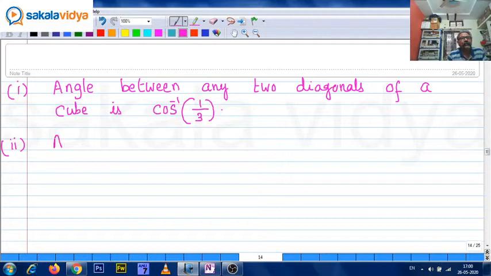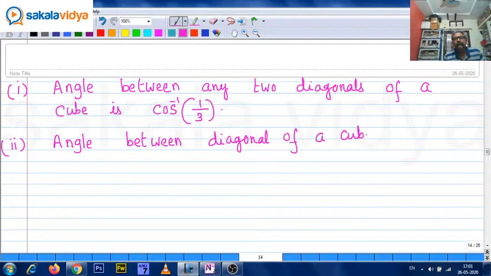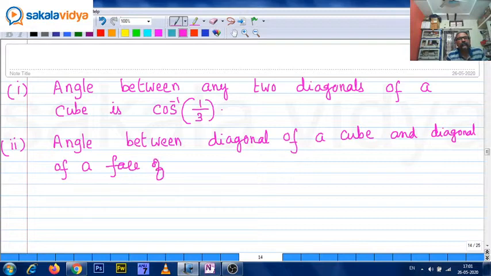Second point: the angle between the diagonal of a cube and the diagonal of a face of a cube is cos inverse of root 2 by 3.